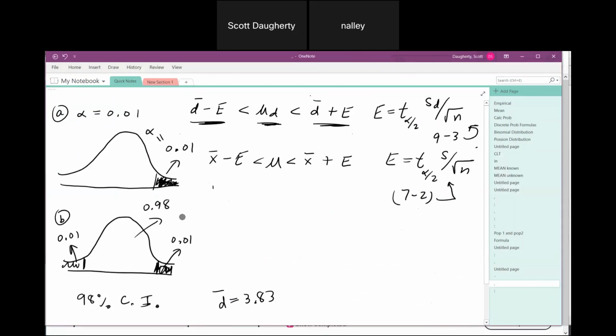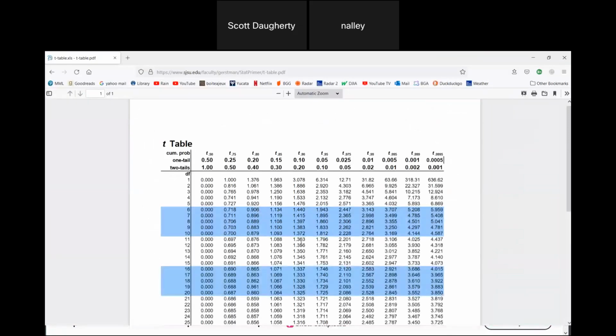So this t-score is the t-score here, right? Which is exactly the same thing that we found up here. If you go back and find it again, what you would do is go to the table. We did this before, but you go 0.01 in one tail, which is 0.02 in two tails, same thing.